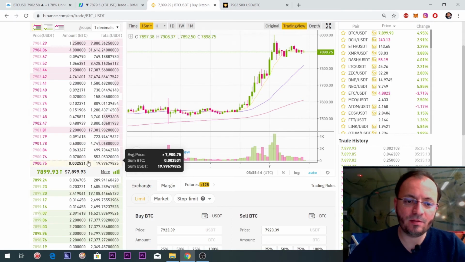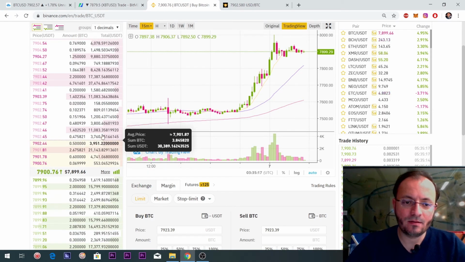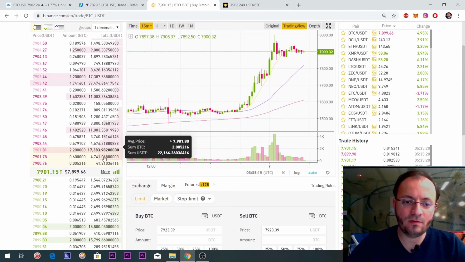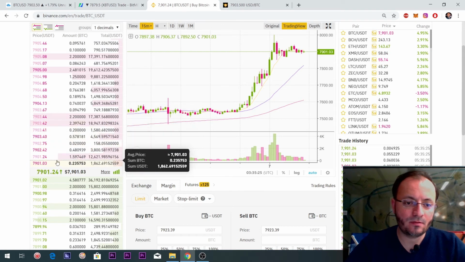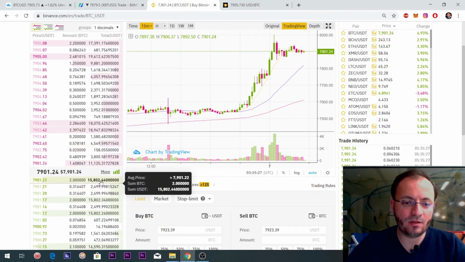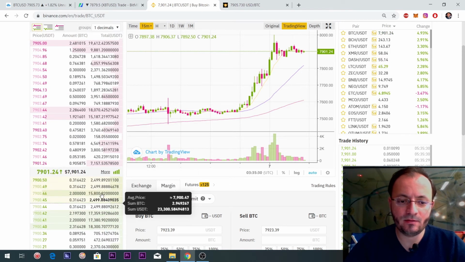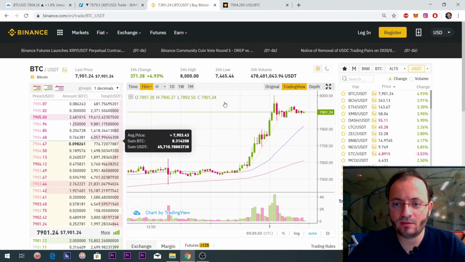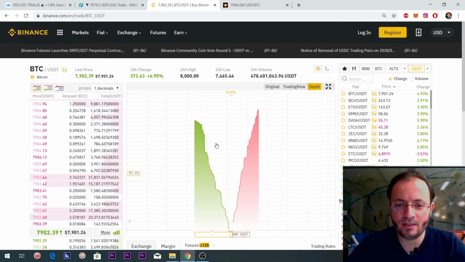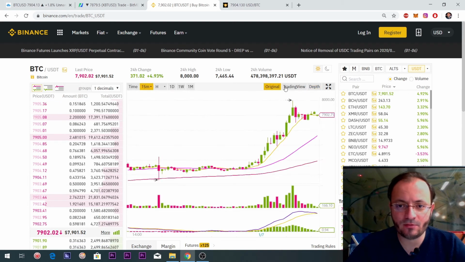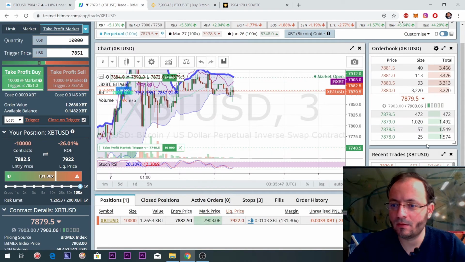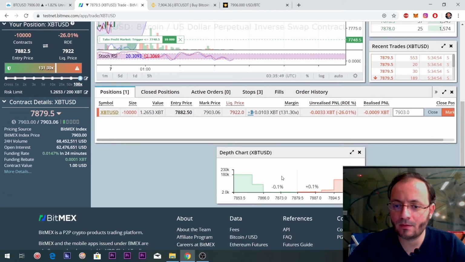You can see here the people that are selling and the amount of US dollars, and the people that are wanting to buy Bitcoin and their amount. You can see this in the depth chart. You also have a depth chart here on Bitmex.